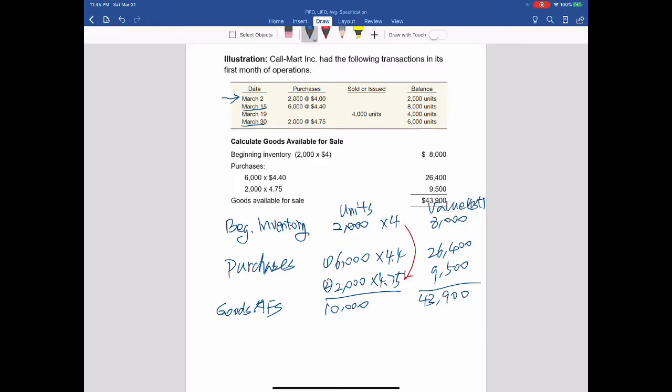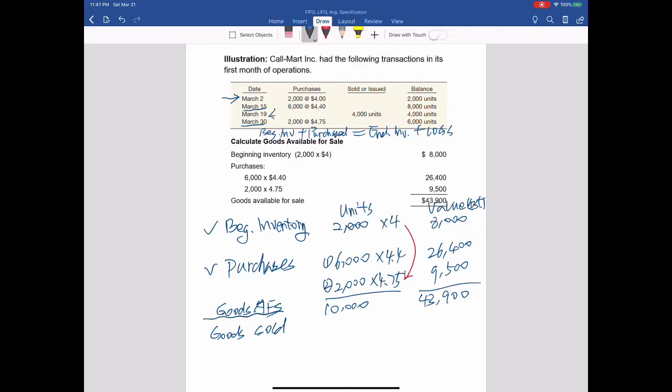Based on the equation I introduced in the prior lecture, the beginning balance of inventory plus purchases equals ending inventory and cost of goods sold. We have beginning inventory, we have purchases, so this is goods available for sale. On the other side of the equation is ending inventory and cost of goods sold.